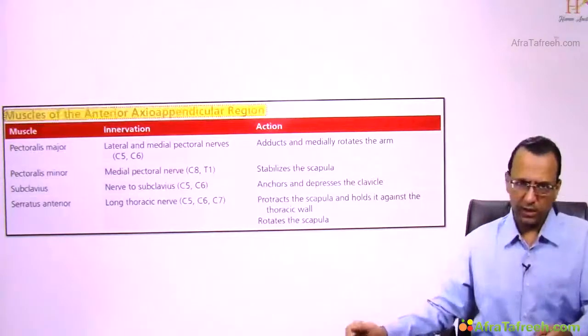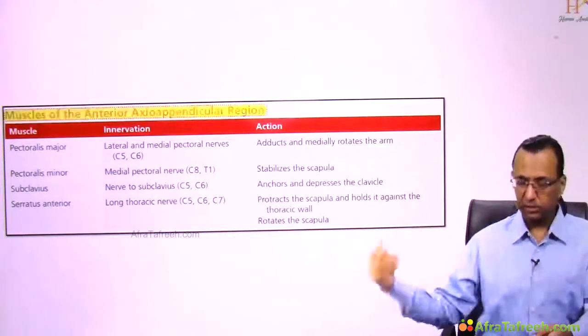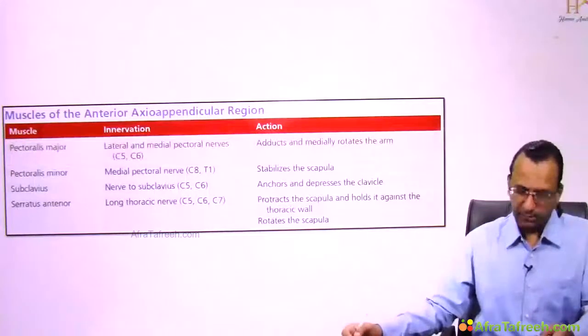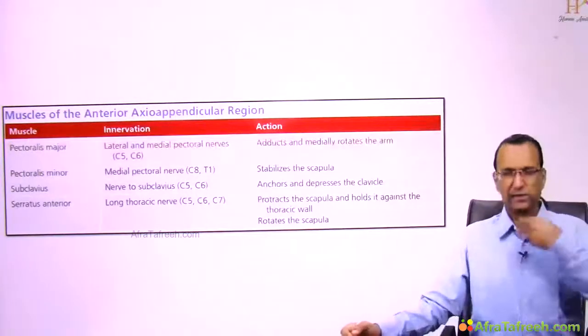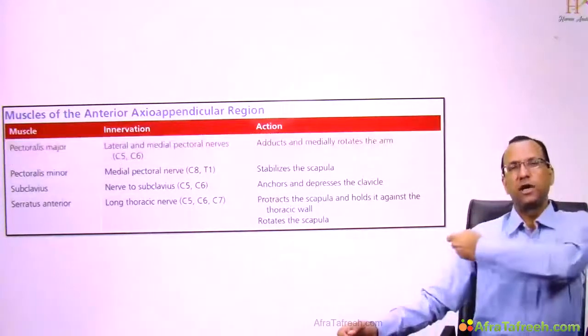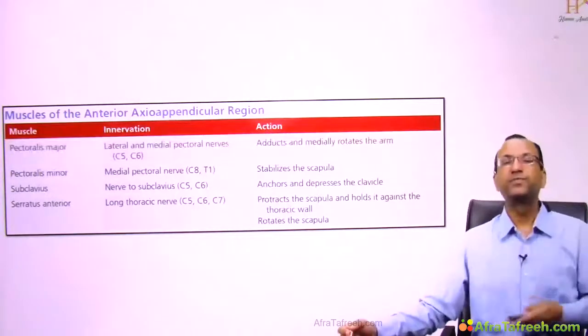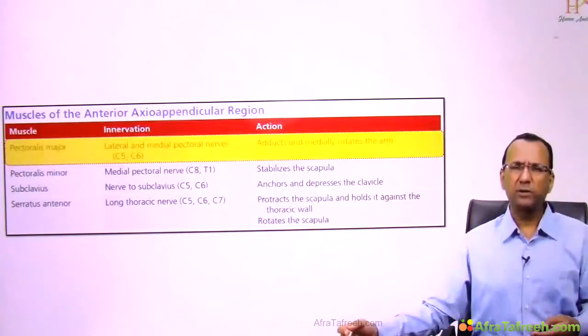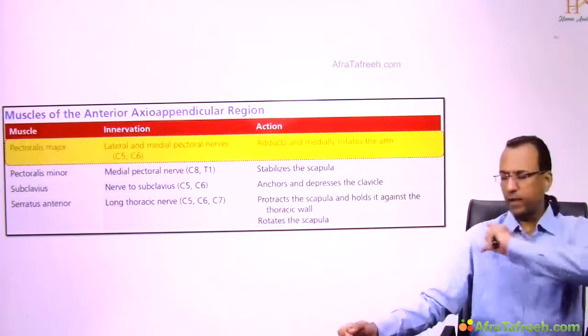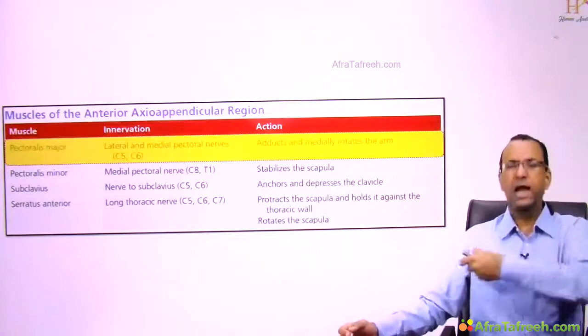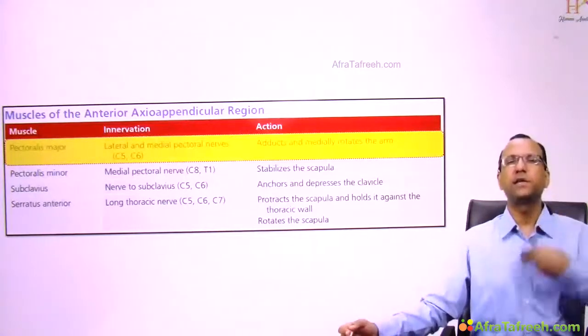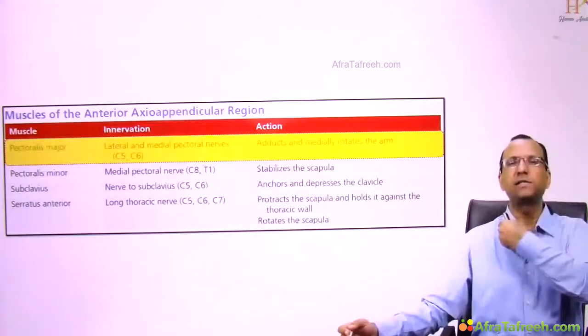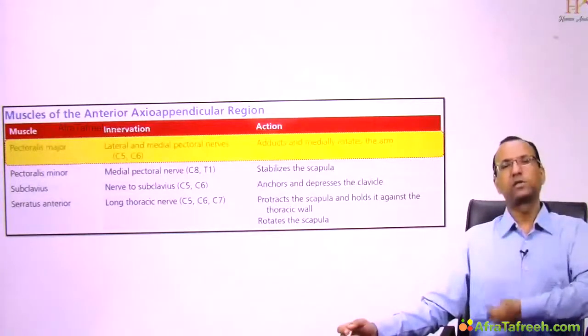What are the muscles? Axio-appendicular muscles. See, this is pectoralis major coming from the axial area to the appendicular area. It is a large muscle with some spiral fibers and takes origin from the anterior sternum, anterior clavicle and anterior ribs, and costal cartilage also.